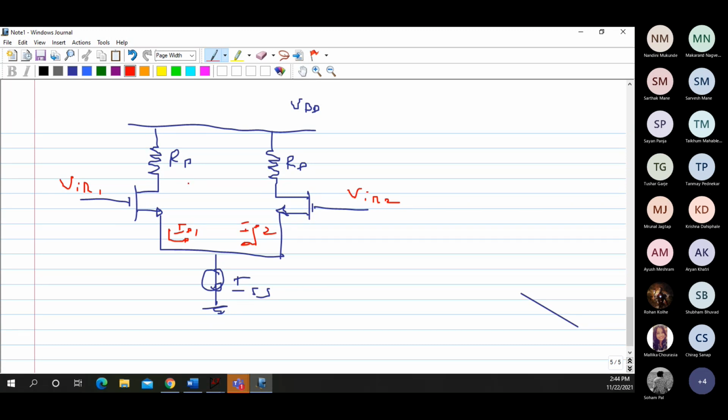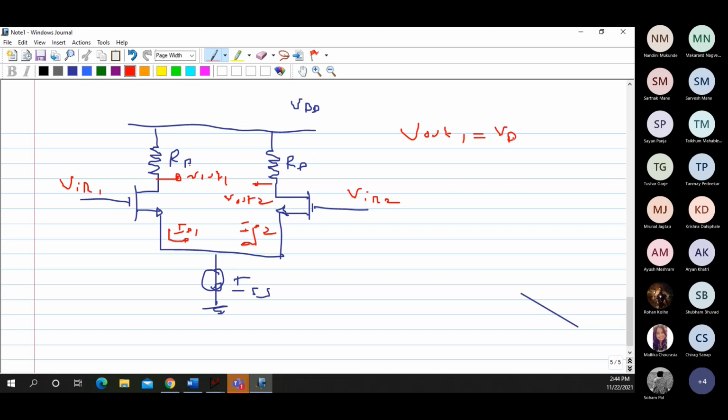Now what happens is that when we apply here V in 1, my ID changes accordingly to this RD. So let's say this is my V out 1 and this is V out 2.